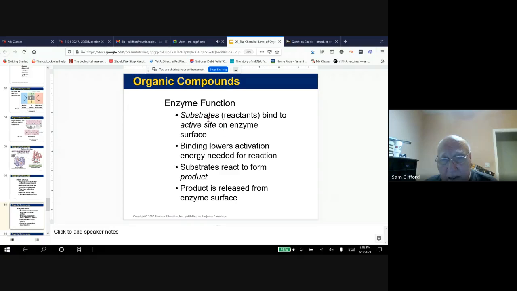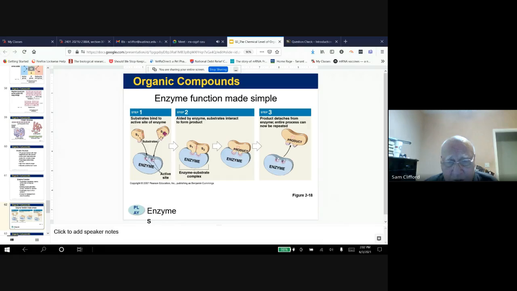Enzymes take a substrate like 2 amino acids, the activation energy is lowered, and it produces a product. So you take 2 amino acids, and the enzyme makes the conditions appropriate to make a product.